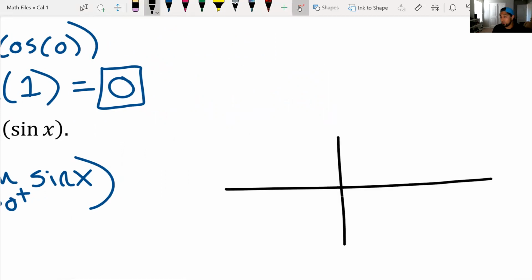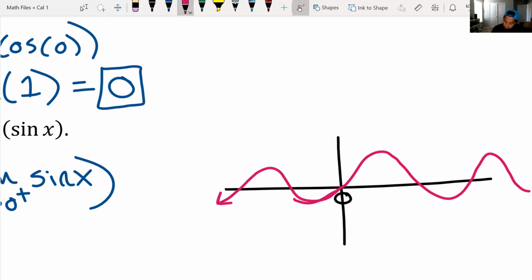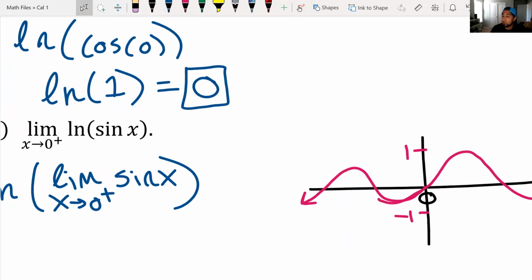I'll just draw our sine function really fast. So here's 0, and sine looks something like this, right? Through the middle, where there's 1 and -1, right? Okay, but with our limit, we're only looking at the limit approaching 0 from the right for the function sine of x.